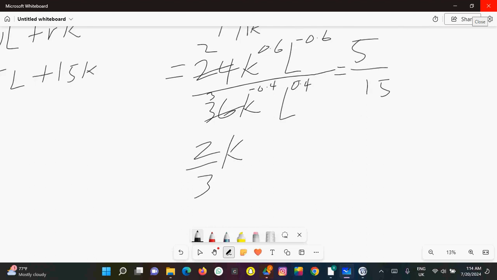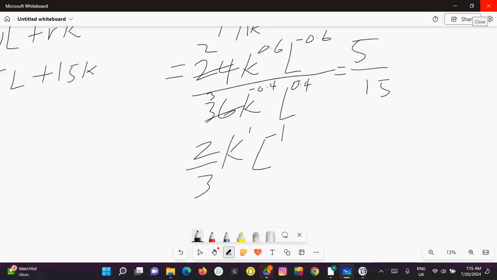For K we get K raised to the power 1, then for L we get negative 0.6 minus 0.4, giving L to the power negative 1. For the first part, K raised to 0.6 over K raised to 0.4, we take one of the bases because they are dividing, and we subtract the powers, so 0.6 minus 0.4 is giving us 1.